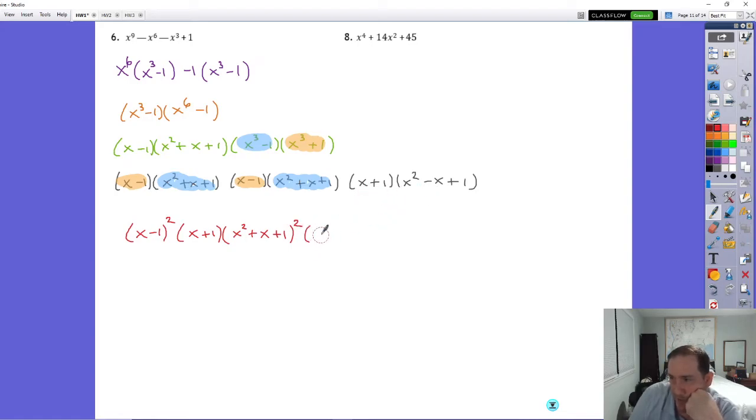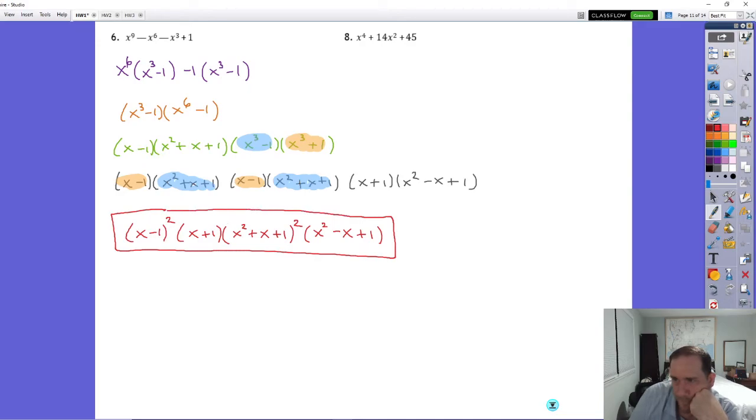And then an x squared minus x plus 1. So box that up. So it looks like we've got, what, 4 factors, but we don't, because this is 2 factors. So 1, 2, 3, 4, 5, 6. Whatever. That's kind of a pain in the butt one, but that's okay.